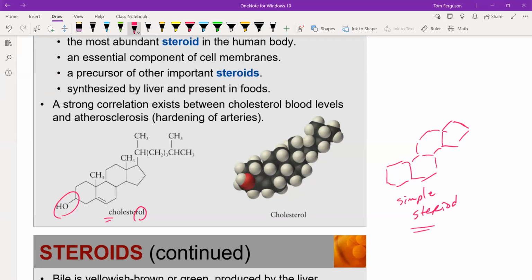Why? That's correct. Why? The OH group. Yep, exactly. It's got that lone hydroxyl group. Even though cholesterol is pretty nonpolar, compared to the simple steroid with no hydroxyl group, it's going to be more polar, hence more soluble in water. Good, good answer.